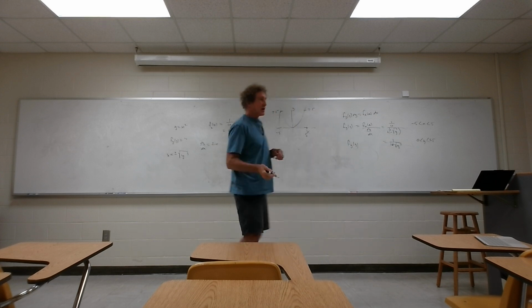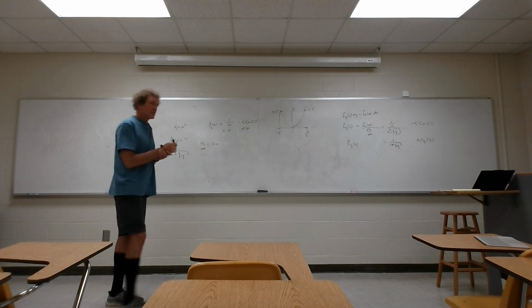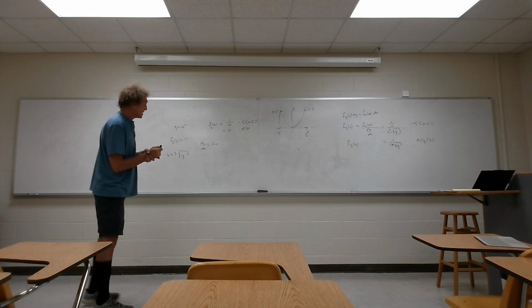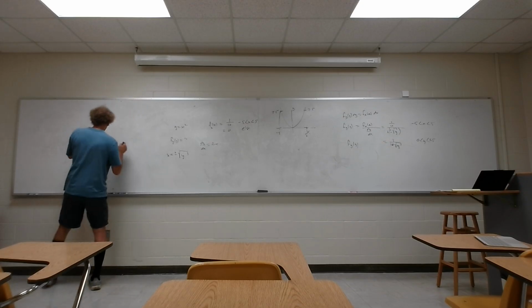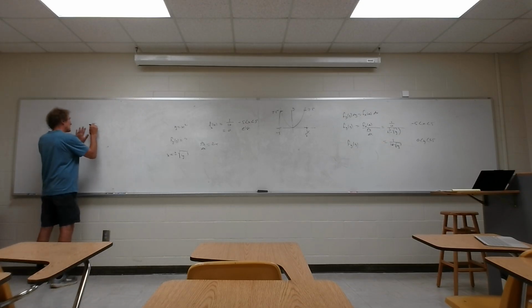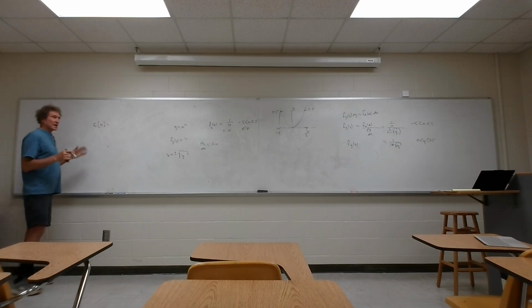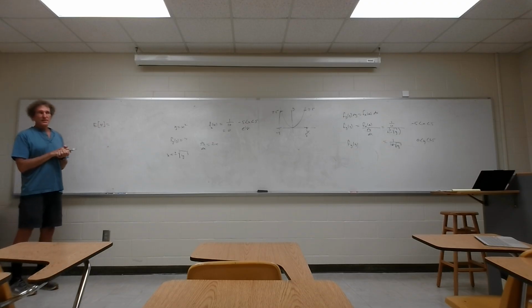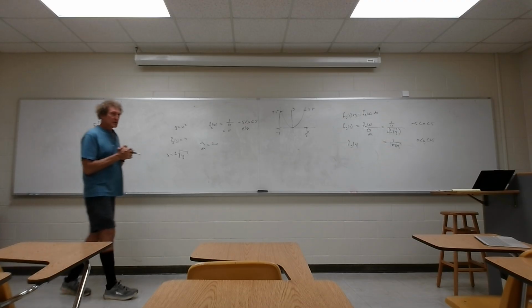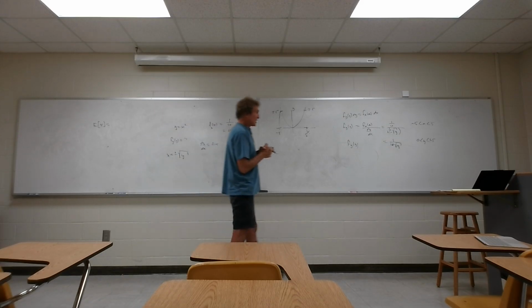Now, the next logical part, and here's where you have to be kind of awake and aware. If I asked you for the mean value or expected value of y, how would you get that? There are a couple ways, and either way you'll get the right answer.